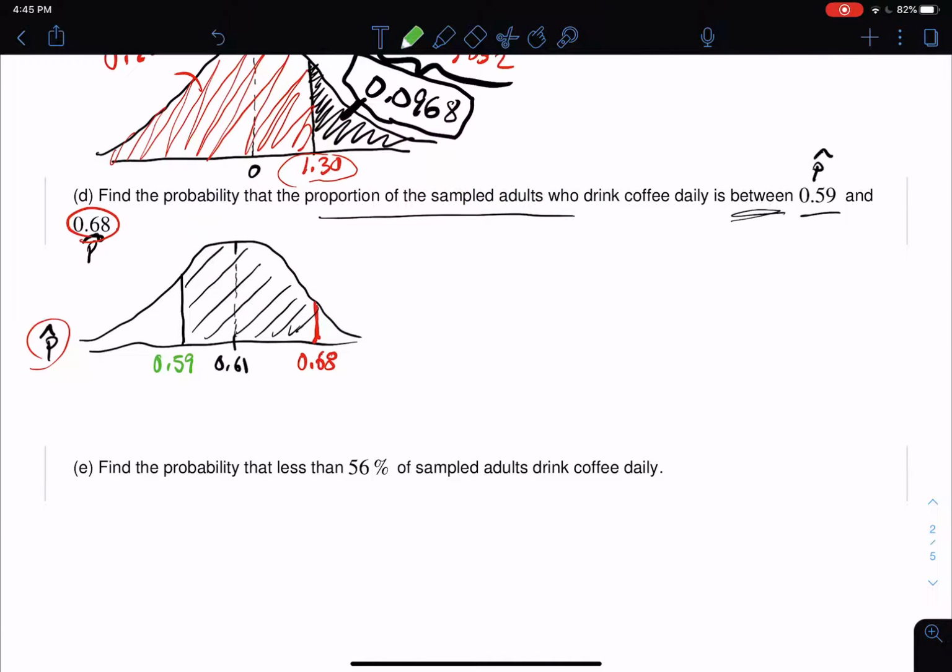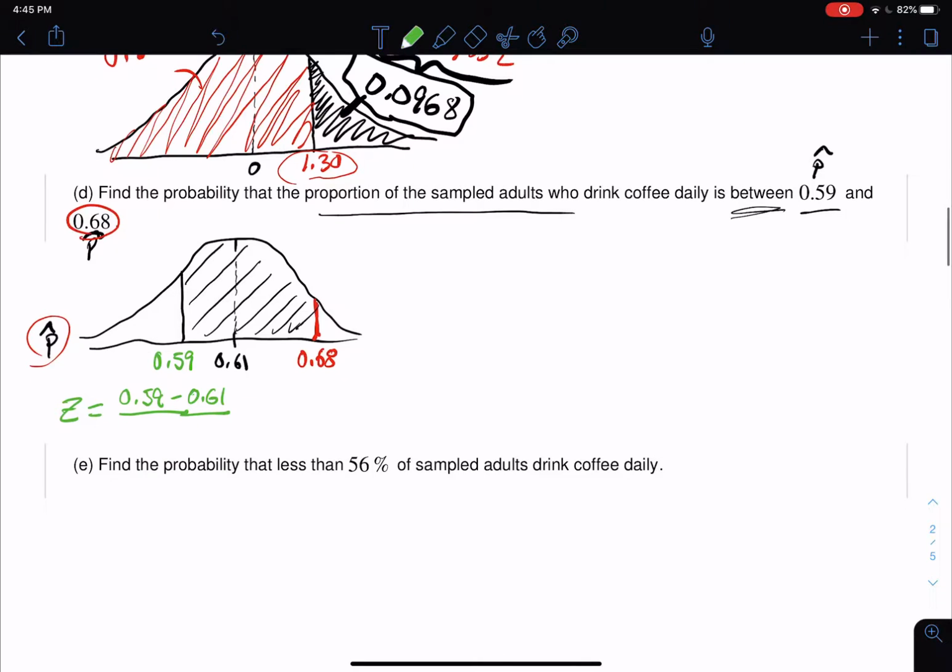So if we take the sample proportion of 0.59 and subtract out our population proportion, which is also the mean of the sample proportions, 0.61, divided by the standard deviation of the sample proportions, which is 0.0308, we're going to get approximately negative 0.65.